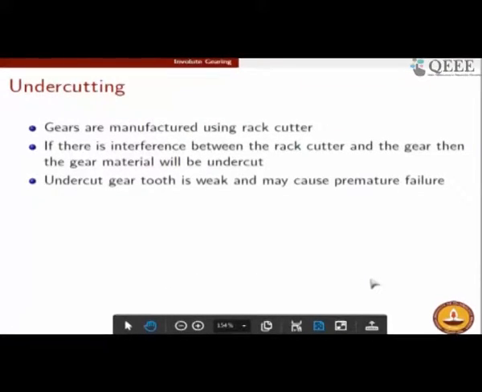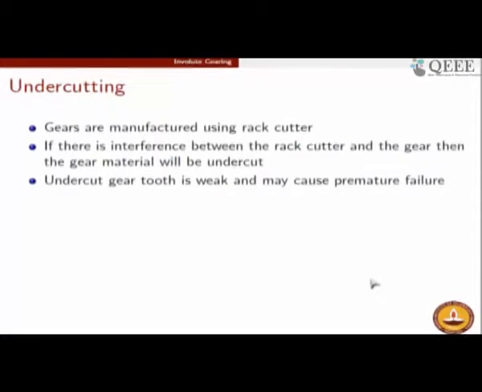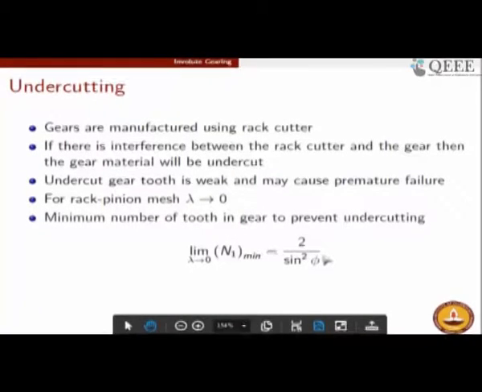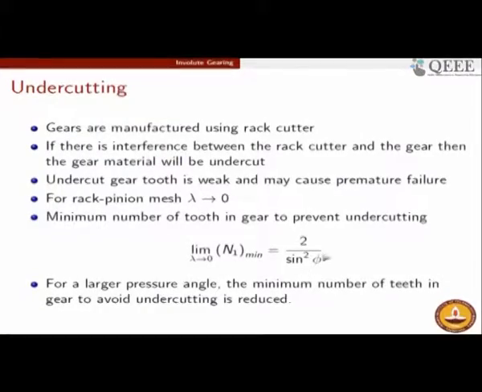And undercutting is a special form of interference which happens between a rack and a pinion, and this is with reference to the gear manufacturing process using a rack cutter. So when that happens, the formula that was shown in the previous slide can be specialized to the following form, which is given here, and for phi equals 20 degrees, this comes to around 18 teeth. So the minimum number of teeth required in order to prevent any undercutting is 18.